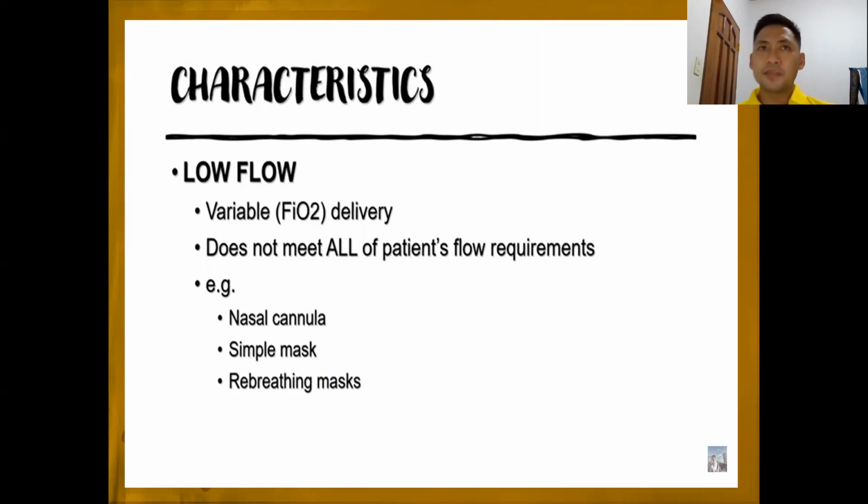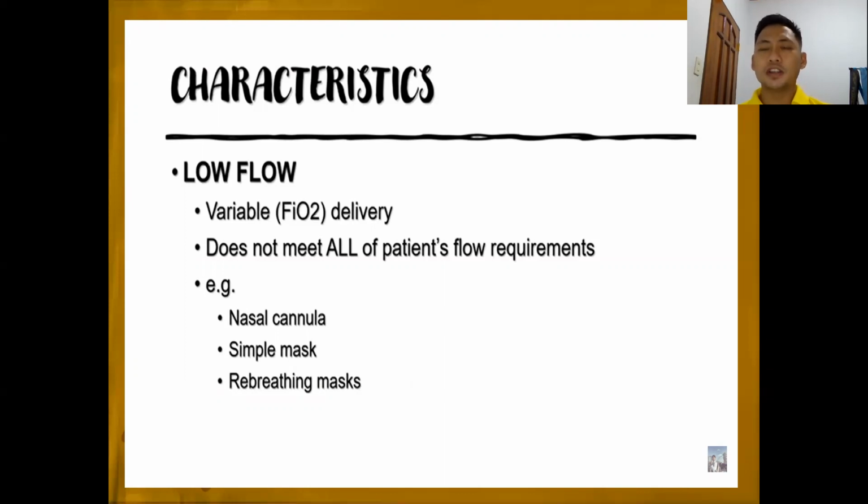But of course, in our oxygen delivery, we regulate it through liters per minute. Okay, and we can use the flow meter and the flow meter regulator to adjust the rate of volume being administered to our patient. And when we say low flow device, it does not meet all the patient's flow requirements.